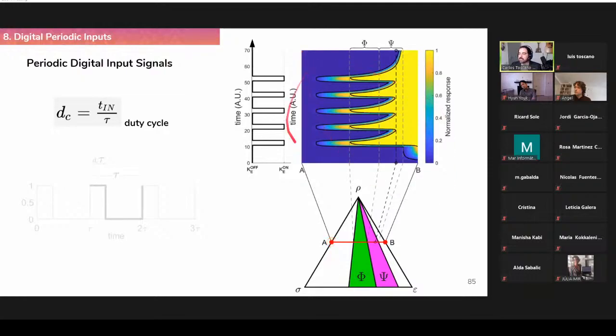So in this colorful plot, I'm just showing you what happens with all the possible cultures lying in this segment A to B, and the color encodes the normalized response. You can see that for all the cultures that are lying in the digital region, we get a good reconstruction of the input signal in the response.